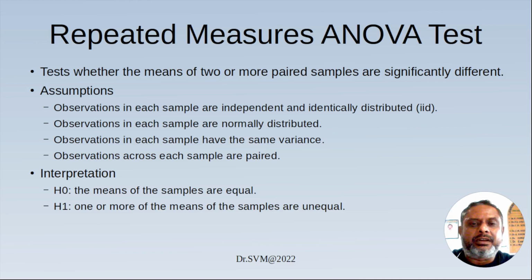Yes, there is connectivity from one sample to another sample, because it's something like different exam results of the same class. So interpretation: the null hypothesis claims that the means of the samples are equal. The alternative hypothesis claims that at least one of the means is different from the others.